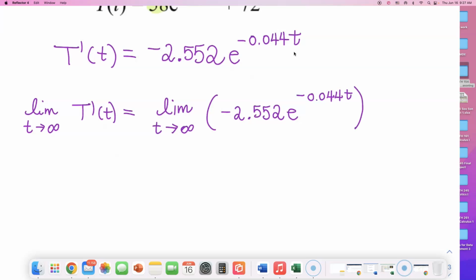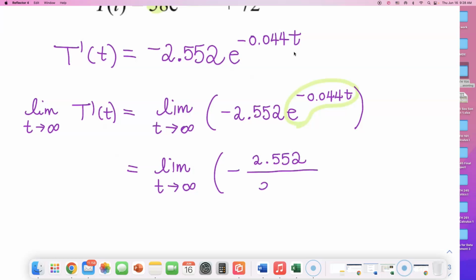This has a negative exponent, so I'm going to make it into a fraction. Limit as little t approaches positive infinity of negative 2.552 on top, but the exponential term will go to the bottom and the exponent is now positive.